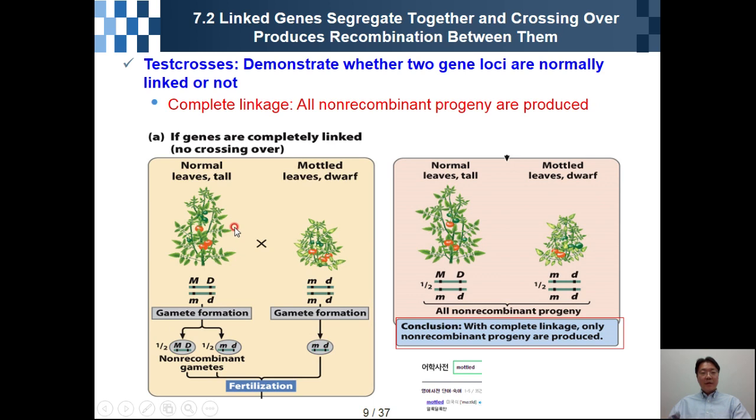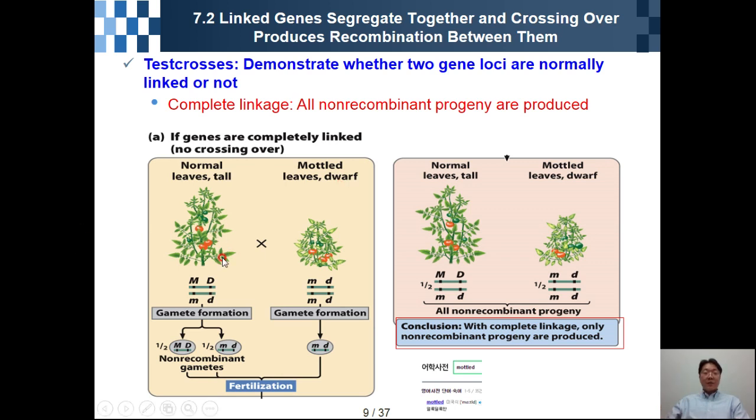This is the heterozygote, which has normal leaves and is tall, but is heterozygous. The two genes are linked to each other. The phenotypes are normal leaves, and the other is mottled leaves, and also dwarf, meaning the size is very short.